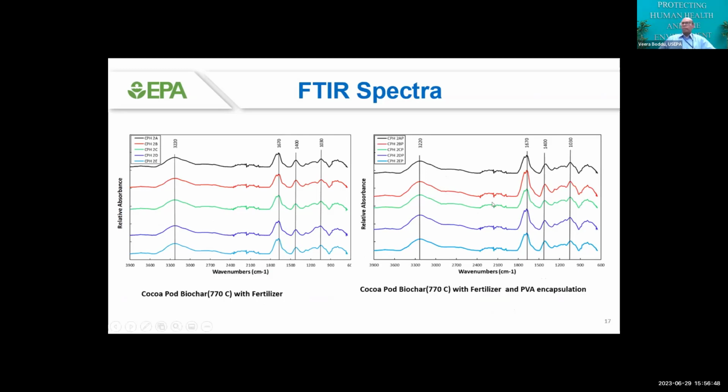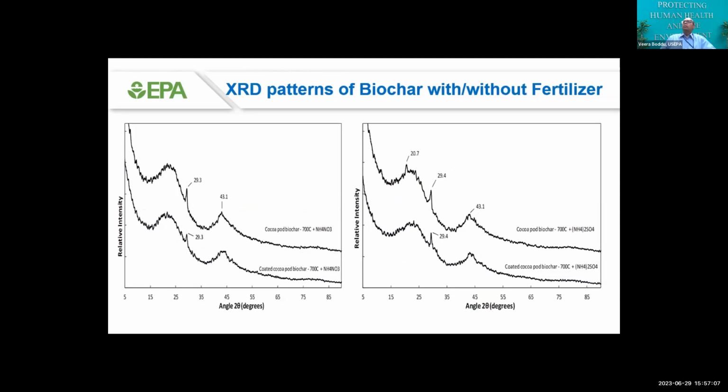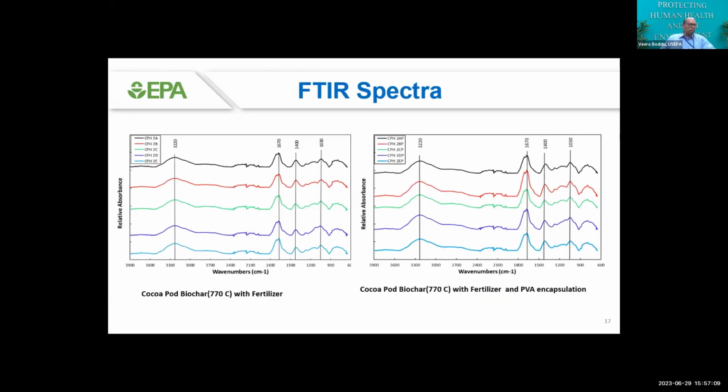For example, for this one, the FTIR spectra, we obtained it with the PerkinElmer model 2400 series 2 analyzer. That is for the elemental analysis. And the FTIR spectra we also obtained with the PerkinElmer system 2000.